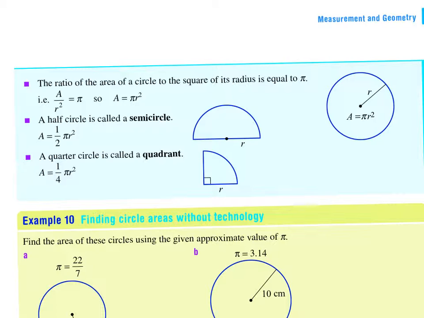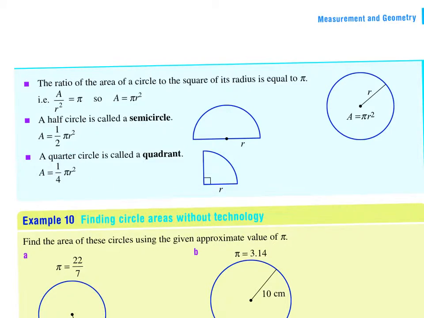Now, we will look at that in a moment. Half a circle is called a semicircle. Here you go, nice picture of half a circle. We have r here and a nice straight line for the diameter. To find half the circle, you may have already guessed that you just whack a half in front of pi r squared, and that's how you get the area.